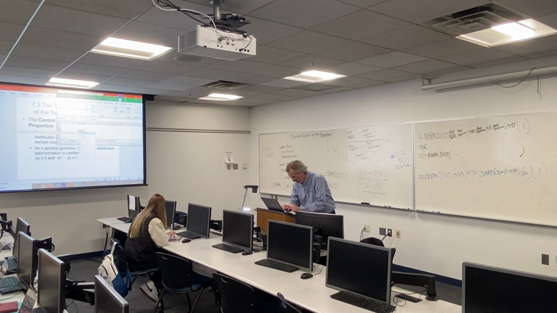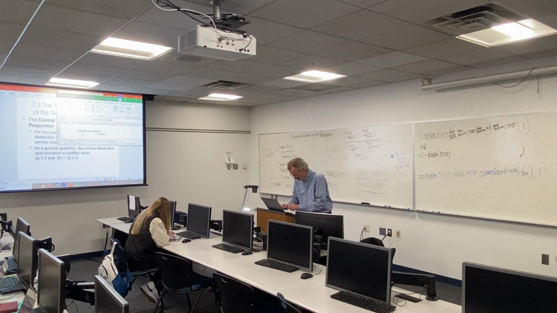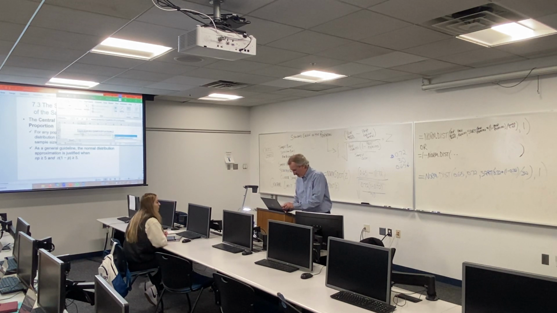Equals NORM.DIST, 0.65 or less would be awful. 0.72 was the population proportion. Here's our standard error: SQRT, parenthesis, 0.72 times, parenthesis, 1 minus 0.72, parenthesis, divided by the sample size of 30, ending parenthesis, comma, 1, parenthesis.